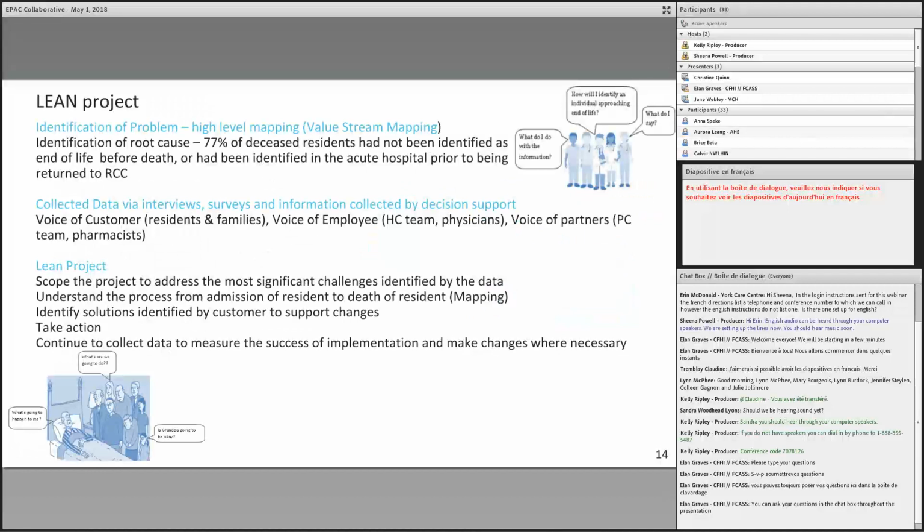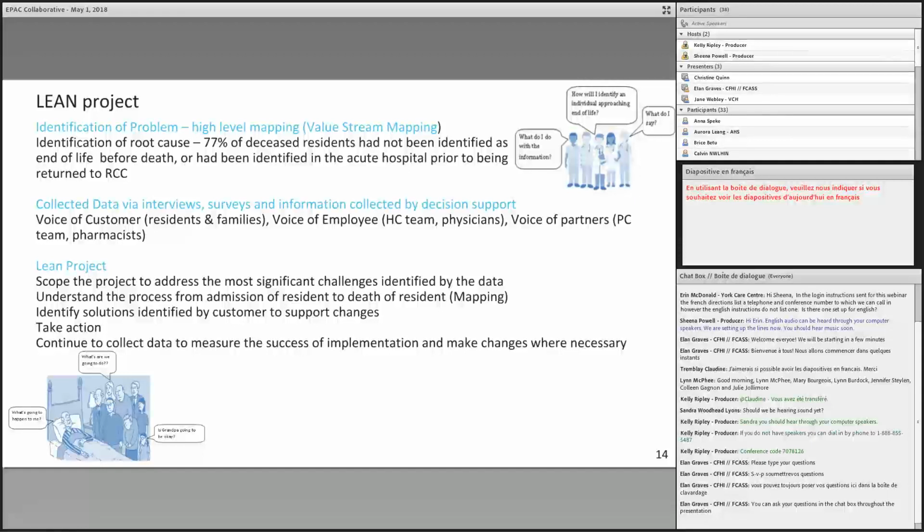So we used a lean project to actually identify the problem, and one of the reasons that we understood the failings from the initiation of the project in another site back in 2010 was that we very much went with a historical paternalistic model of trying to solve a problem, and that was us as healthcare providers deciding what the problem was and how we were going to solve it.